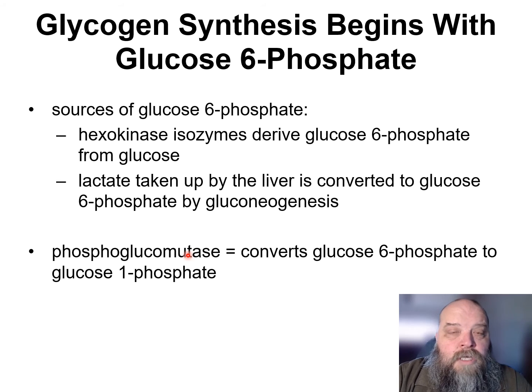Phosphoglucomutase that we just talked about, taking G1P, turning it into G6P, also can take G6P and convert it back into G1P, just a complete reverse of what we talked about.